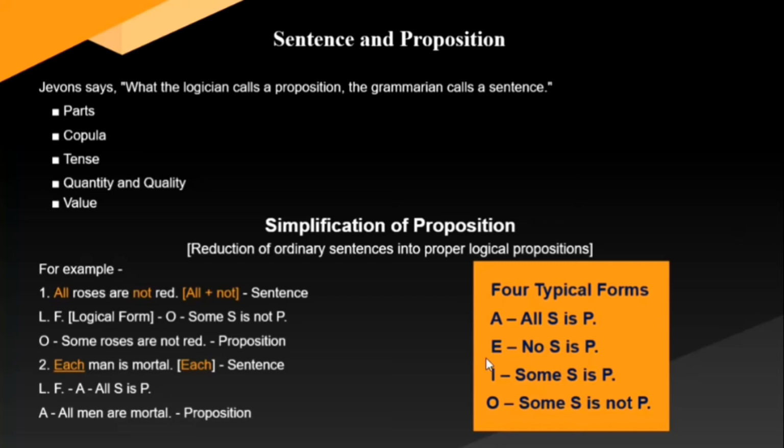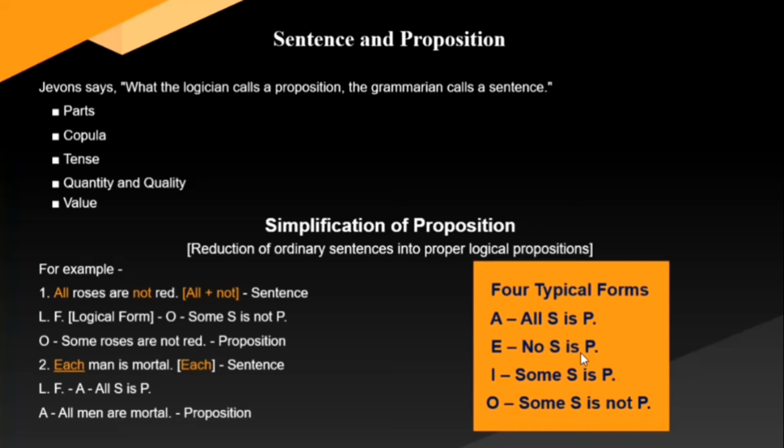Capital letter A is the symbol of universal affirmative proposition. All S is P is the strict logical form of universal affirmative proposition. Capital letter E is the symbol of a universal negative proposition. No S is P is the strict logical form of a universal negative proposition.